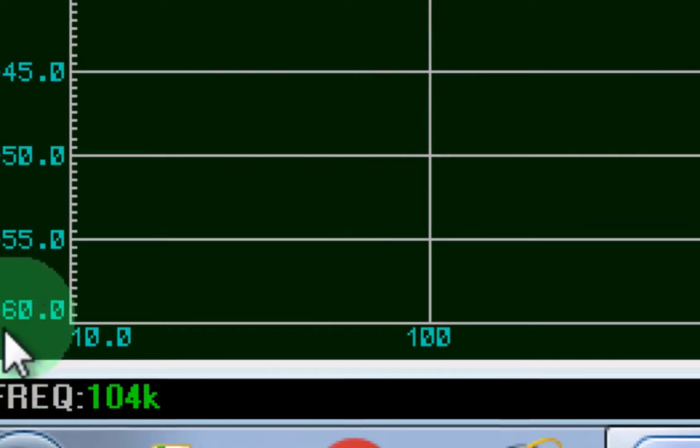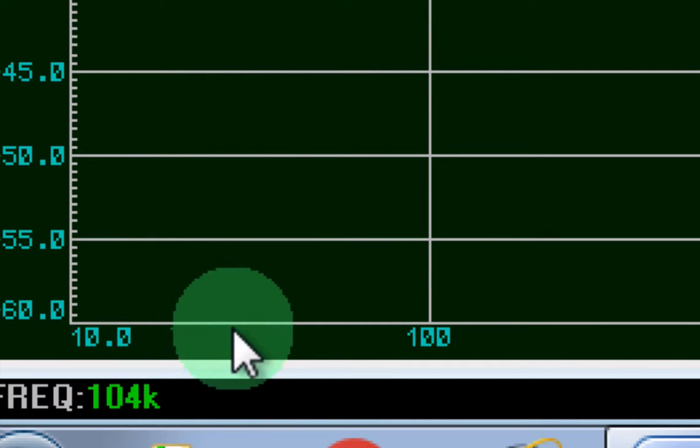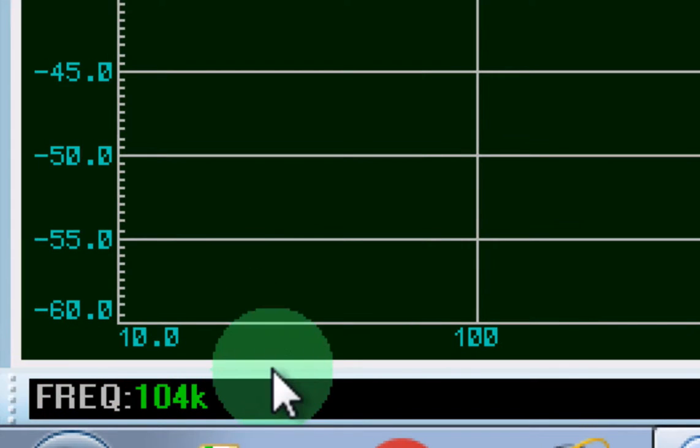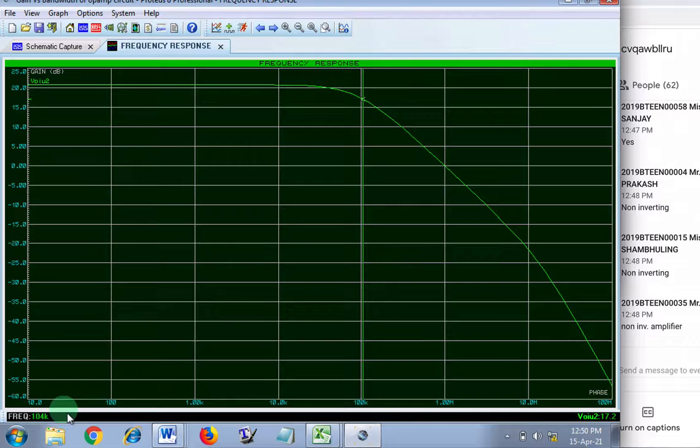Frequency is 100k almost. So we got almost 10 times less bandwidth. Everybody understanding this? The bandwidth has come down to 100k from 1 megahertz because the gain is increased. Understanding this? Yes or no?